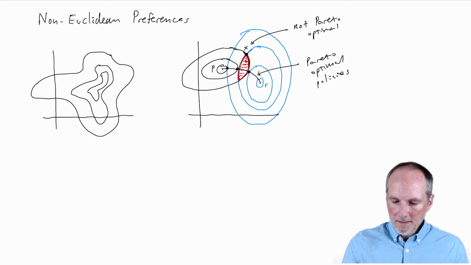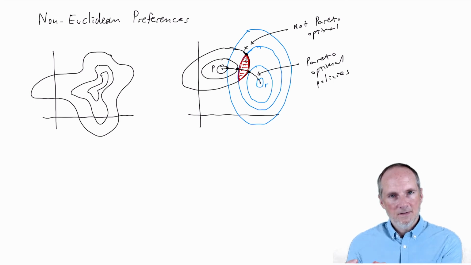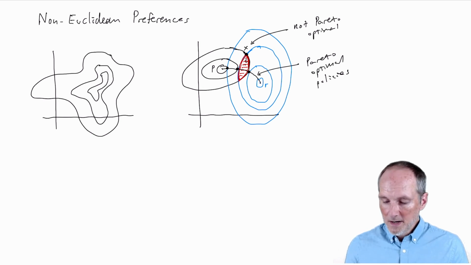This idea of a tangency carries over from the model with Euclidean preferences. That is a general feature of Pareto optimality. Being on that line between the ideal points is an artifact of the Euclidean preference assumption.